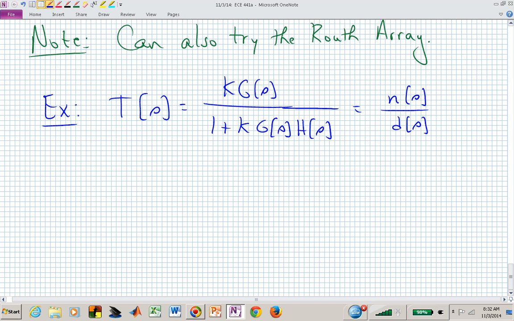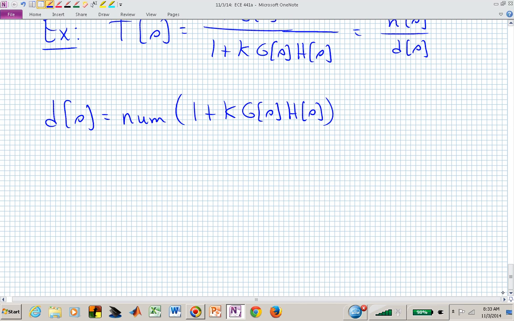We want to get rid of the denominators in the numerator and denominator so that we simply have a ratio of polynomials n over d. Or what I'm going to say, d of s is actually the numerator of 1 plus k g of s h of s. Let me keep going, but I hope you understand what I mean by that notation.